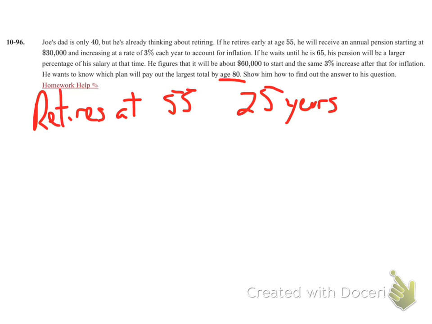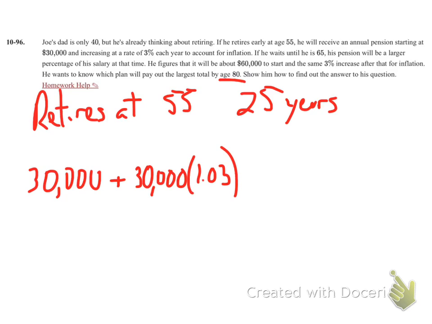So what that means is that the first year, he would get $30,000. The next year, he would get 3% more. So he would get 30,000 times 1.03.